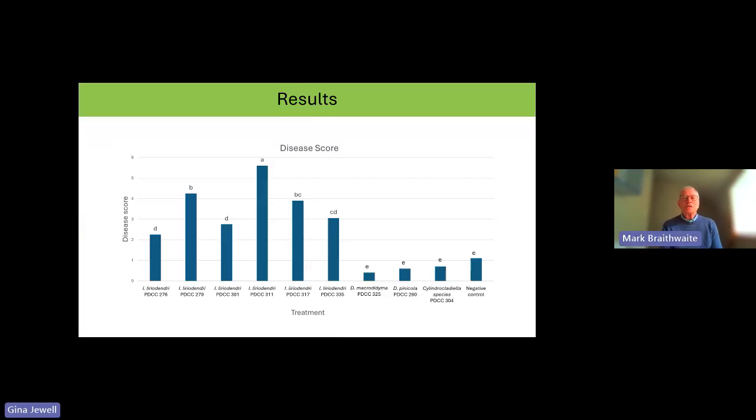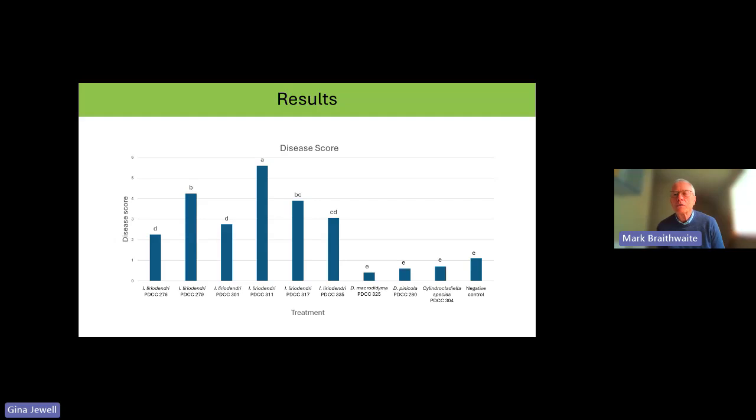As you can see, this is a bar graph showing the disease score, how much disease each had, and the different isolates that we used across the bottom. Isolate 311 was causing significantly more disease than any of the other isolates. And some isolates, the ones out to the right, were not causing any disease at all.